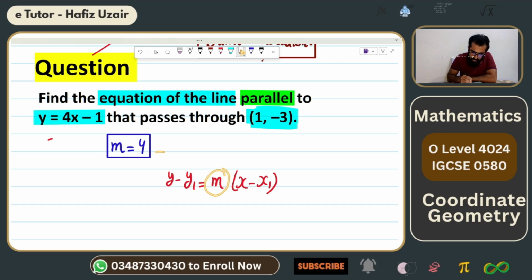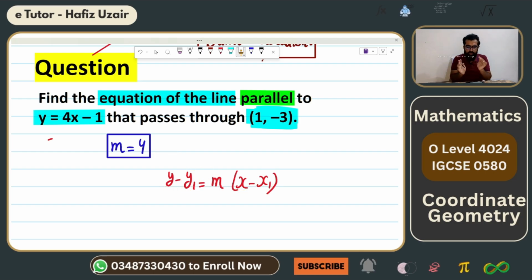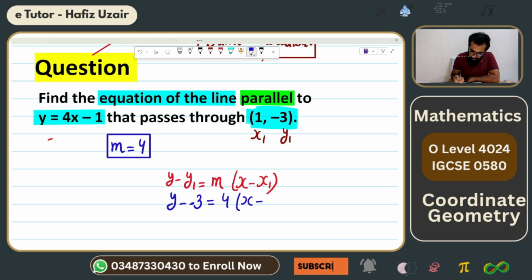Also we have this point. We have the value of m as 4, and you write x and y as they are. What are the values of y1 and x1? y1 and x1 are the coordinates of the point through which the line passes, so this is x1 and this is y1. Now just substitute the values: y minus minus 3 equals 4 times (x minus 1).